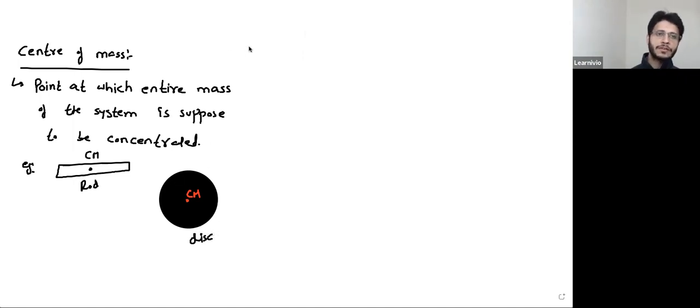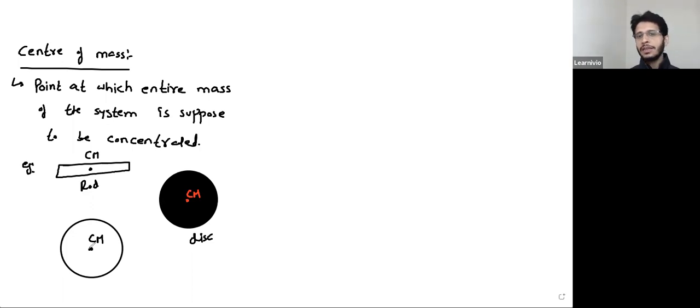But instead of disc, if I take a ring, say in the rod at the center, there is some mass. You can say that the center of mass lies within that mass distribution. In the case of the disc, at this point you have certain mass. You can say that the center of mass lies within the mass distribution of the disc. But if I take a ring, the center of mass of the ring is at the center of the ring.